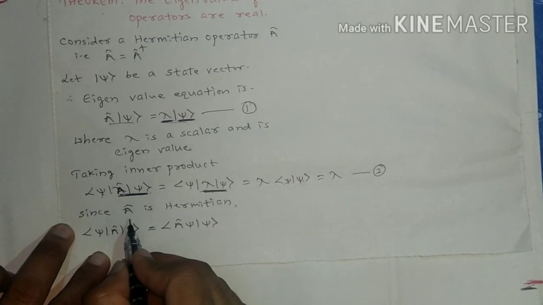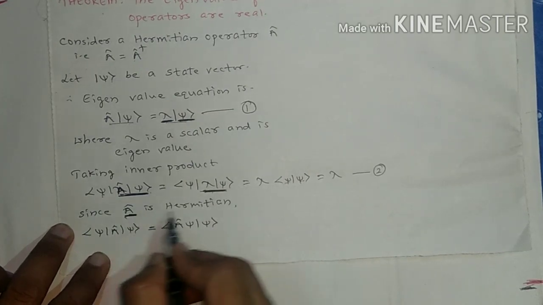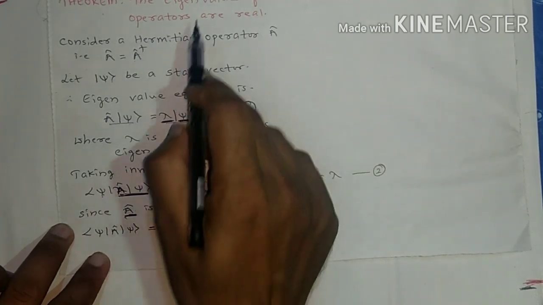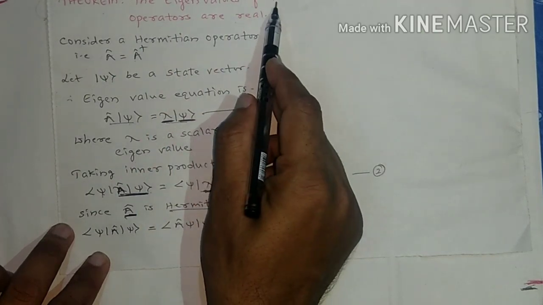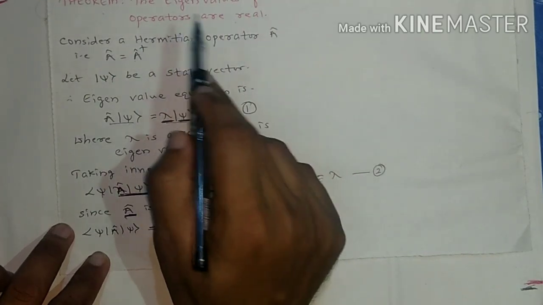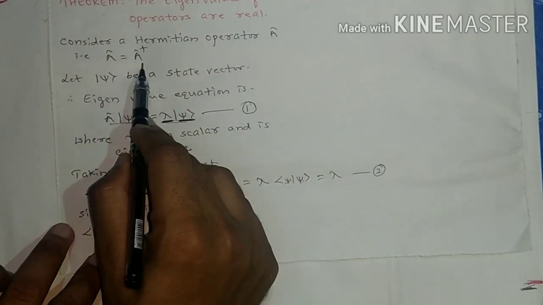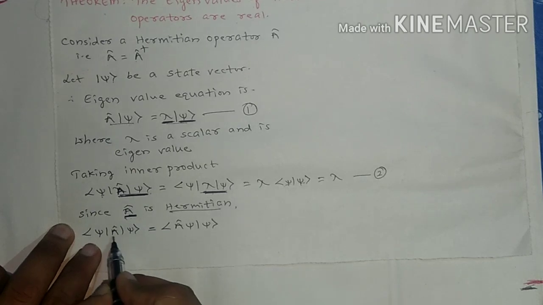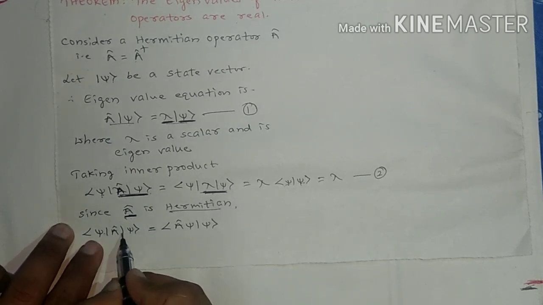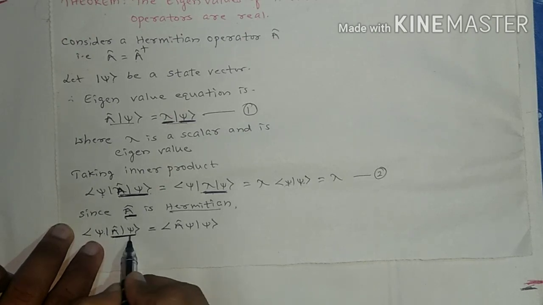Now A is Hermitian. How do we know that it is Hermitian? Because it is given: the eigenvalues of Hermitian operators are real. So A is equal to A dagger. Since A is Hermitian, in bra psi, A, ket psi, A is associated with the ket here.